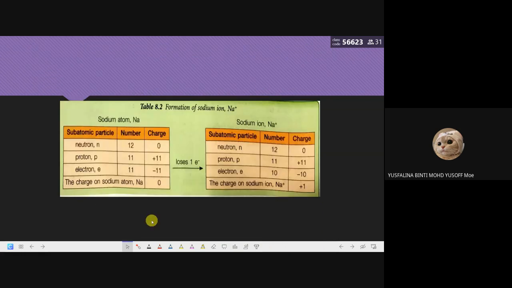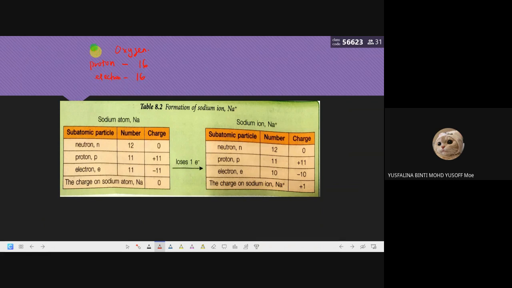So let's say for the negative one, if I have oxygen. Oxygen is 16, so protons have 16 and electrons also have 16.